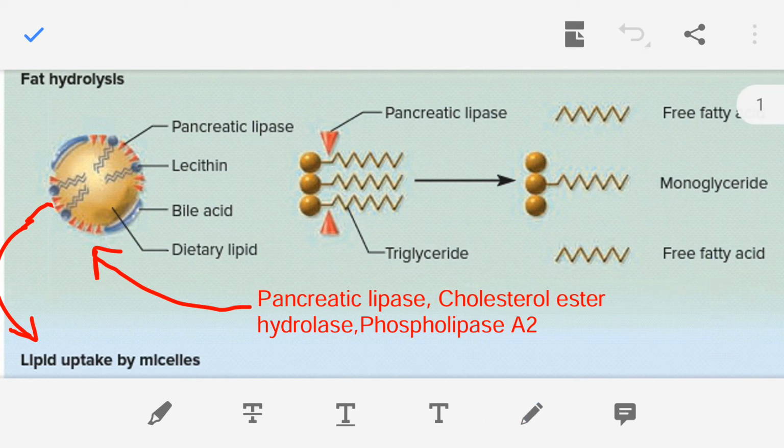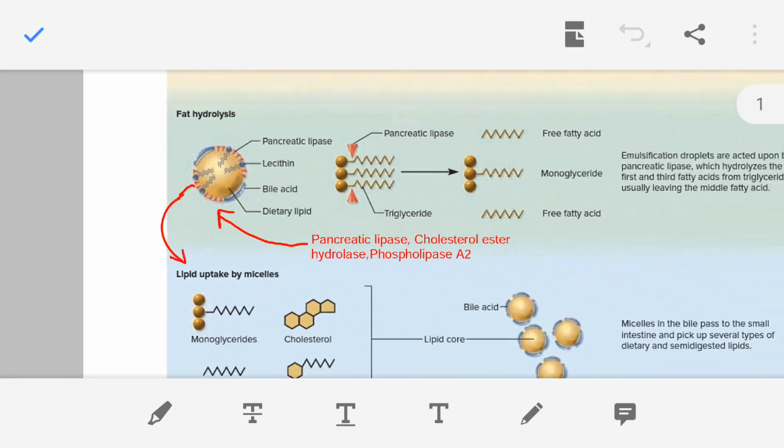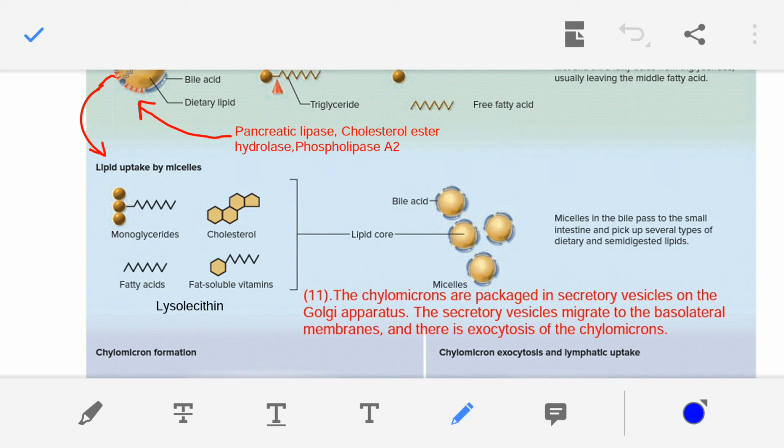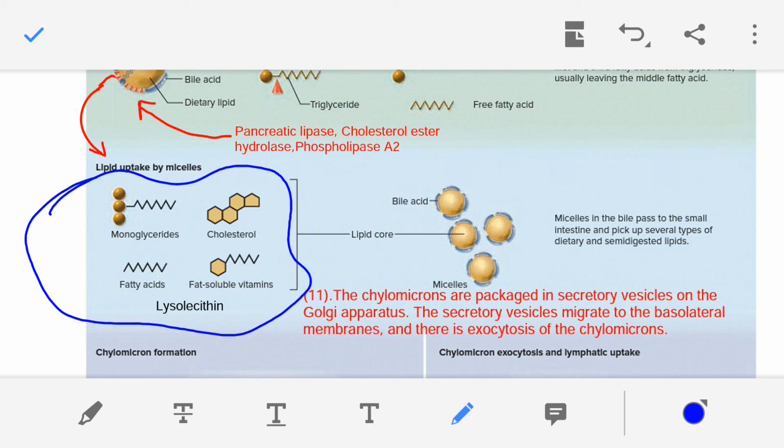So this is the process of lipid digestion, and we get monoglyceride, cholesterol, fatty acid, fat soluble vitamins, and lysolecithin. These products of lipid digestion participate in the micelle formation.